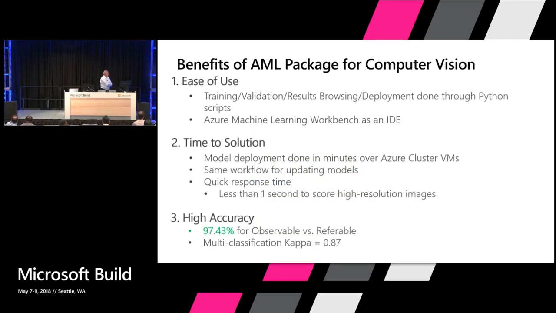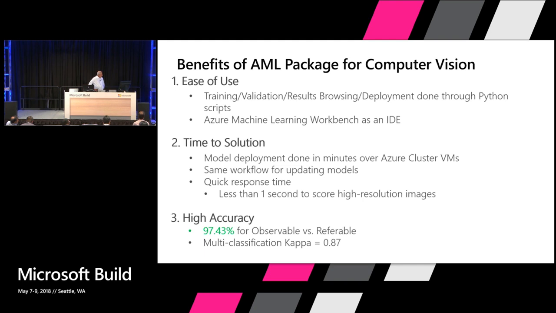So, what are the advantages of using the AML package? Well, it's really easy to use. All is done in a Python script that can run at the command line or inside ML Learning Workbench.